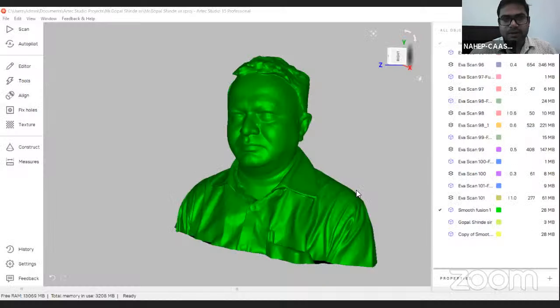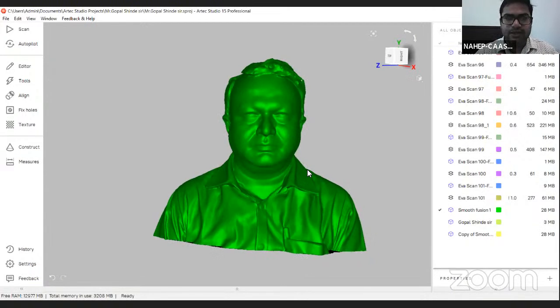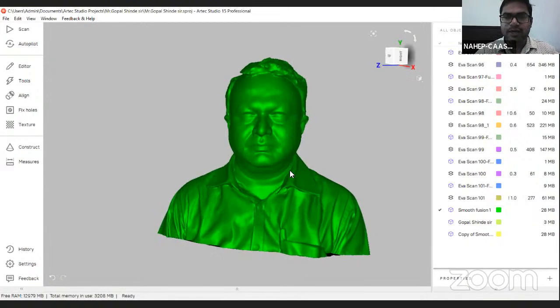I would like to share some scan models with us. Are you able to see my screen? I would like to convey to all the participants that this is the model we have prepared at our center through our scanner.